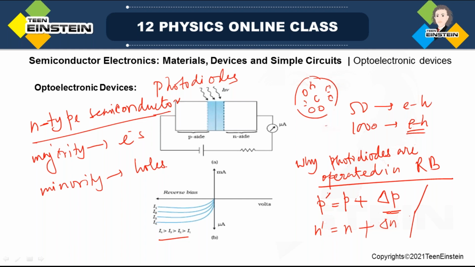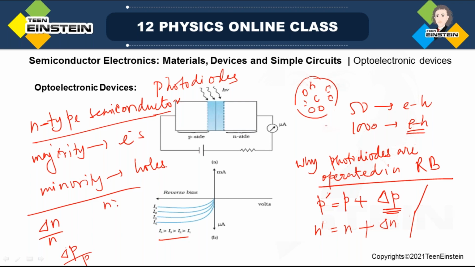We can show that even though there is the same number of generation of electrons and holes, take the fractional change in the electrons and the fractional change in the holes.